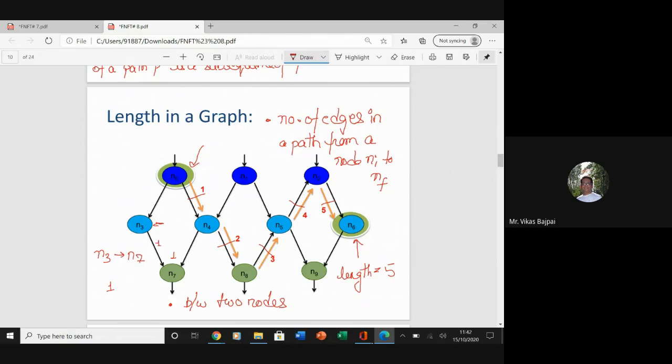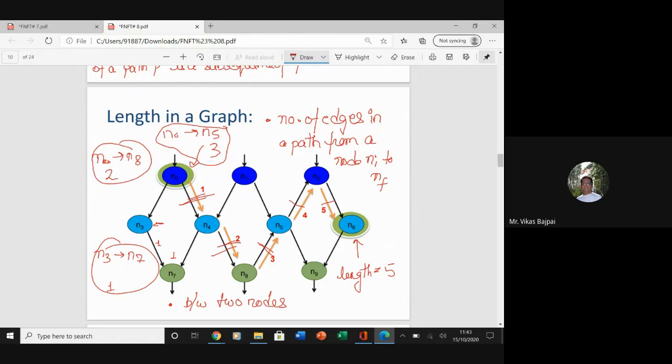If I find from n0 to n8, then I can see 1 and 2, so the length will be 2. If I go from n0 to n5, I see n1 to 3, so my length becomes 3. That's how we calculate.